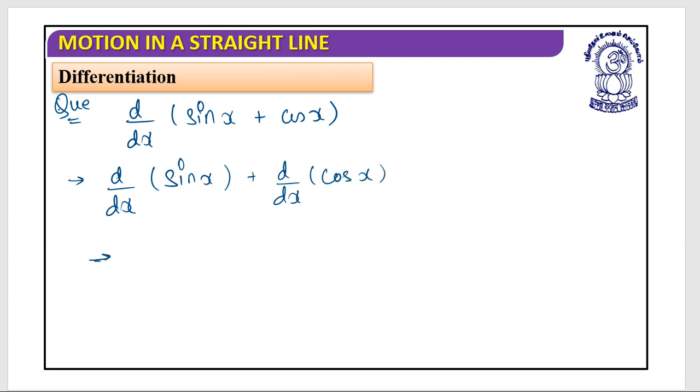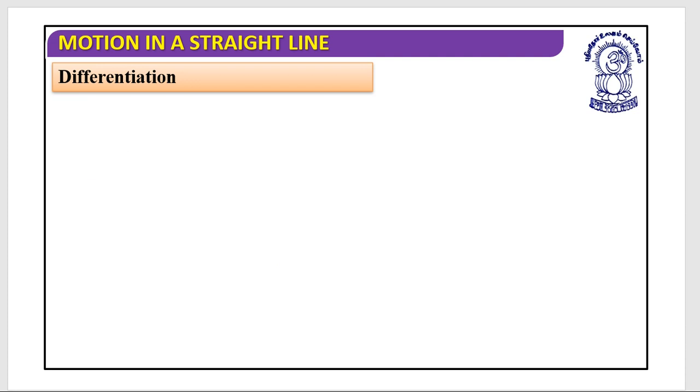Now differentiation of sine, what is it? It's cos x, yes. And differentiation of cos, it's a minus sign. So d by dx of cos x is minus sin x. Yes, clear?